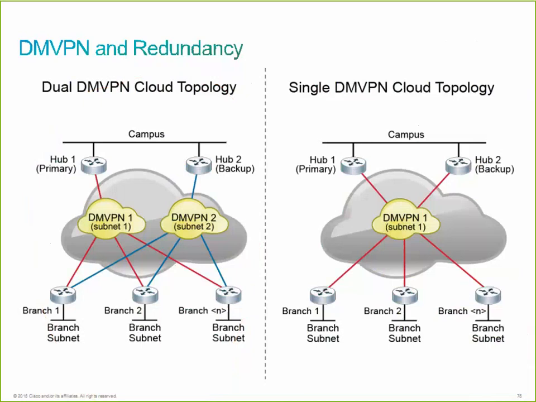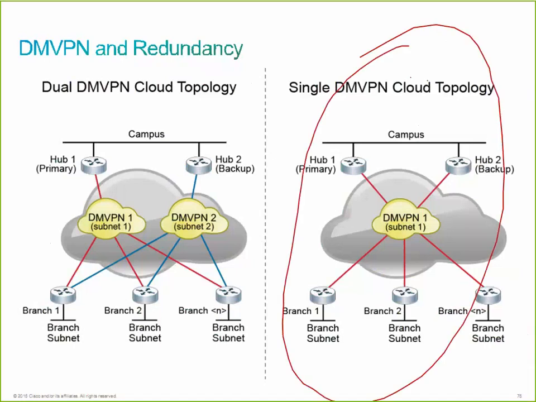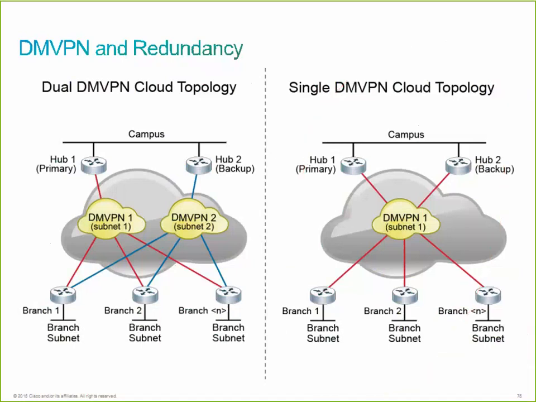The option that we talked about in our case study was to do a single DMVPN cloud with redundant hubs, all right? And obviously the configuration needs to change a little bit if we're using a single DMVPN cloud. You can actually have more than two hubs. You can have 3 hubs, 4 hubs, 5 hubs, or whatever.